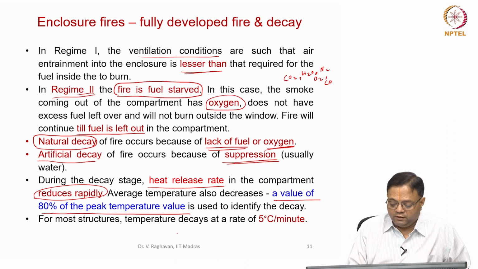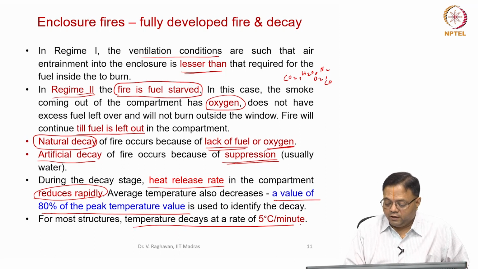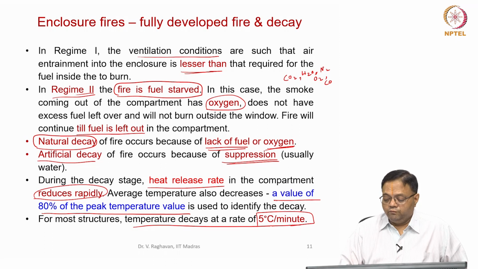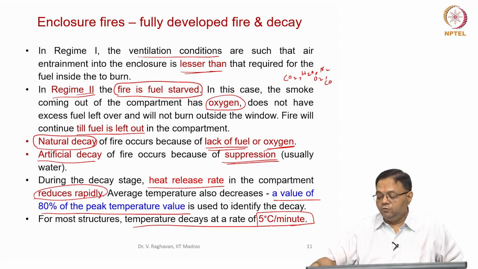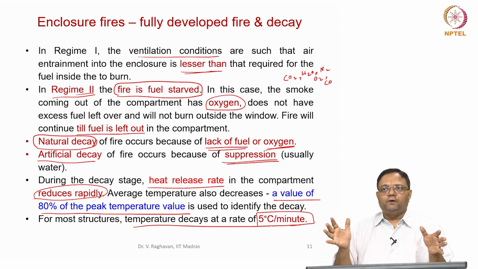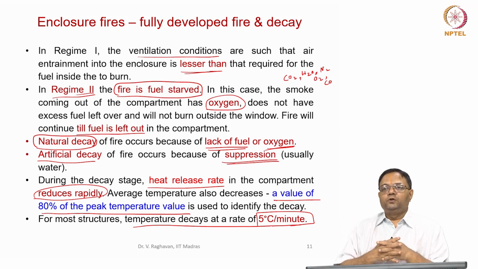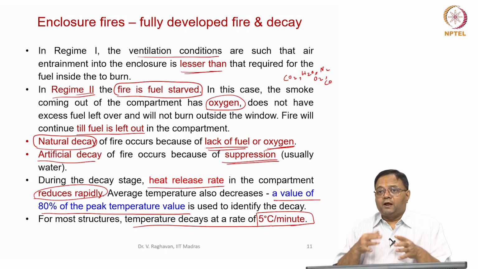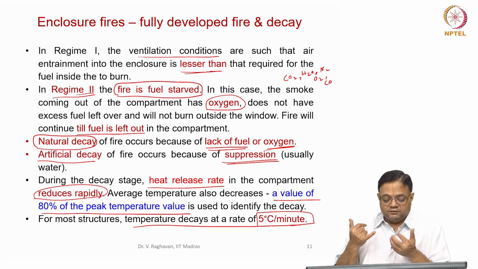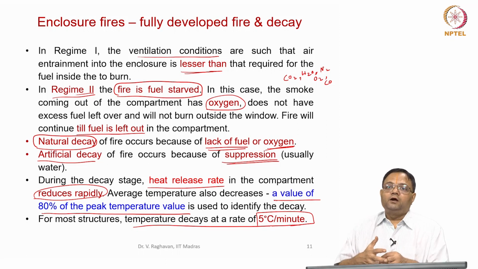Now, for most structures, temperature decays at a rate of 5 degrees centigrade per minute. A structure, maybe a steel structure or concrete structure etc., is now heated due to the fire. Now, the fire may decay at a very fast rate, but the temperature decrease in a structure will not be at that rate.